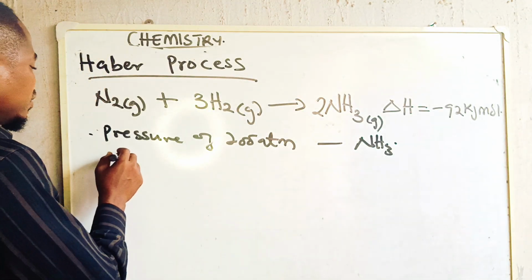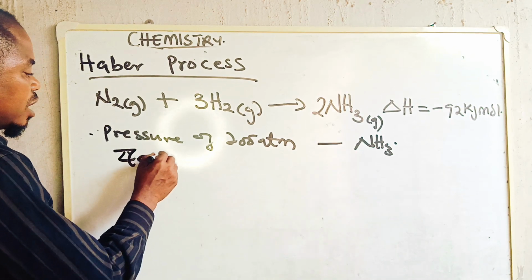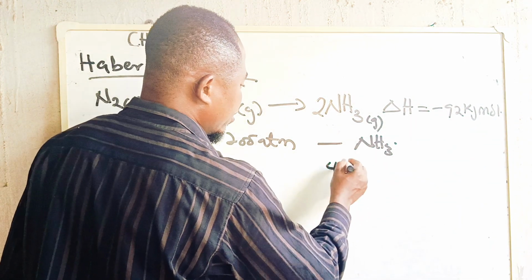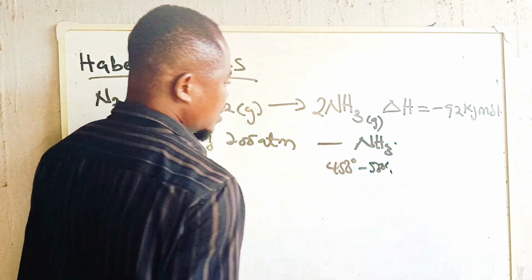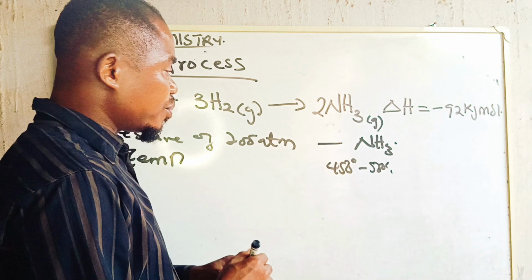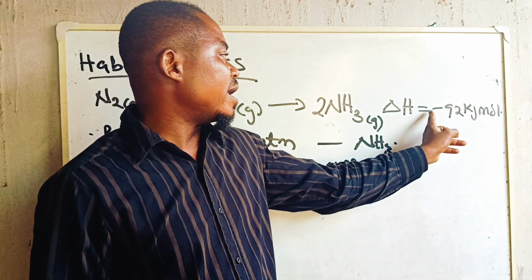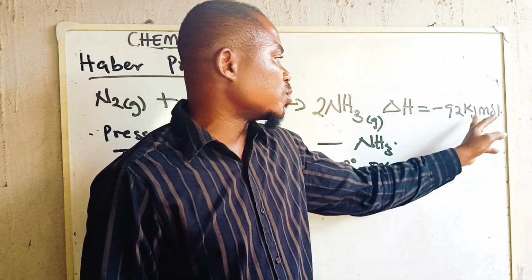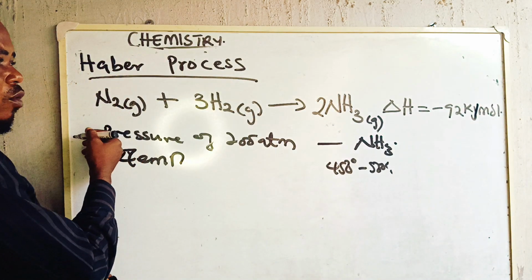Now, they use a moderate temperature of 450 degrees Celsius to 500 degrees Celsius. Very moderate temperature. The simple reason being that if you use high temperature, because we have delta H equals minus 92 kilojoules per mole, it means you will favor the backward reaction.